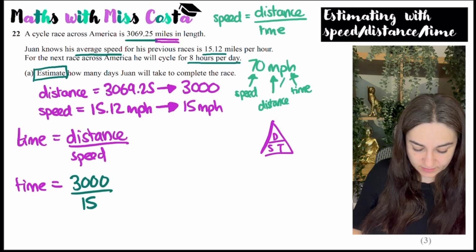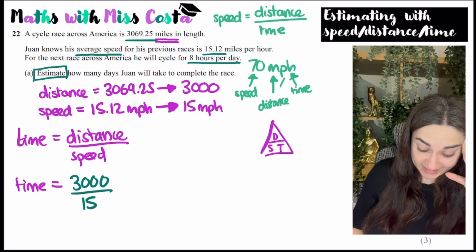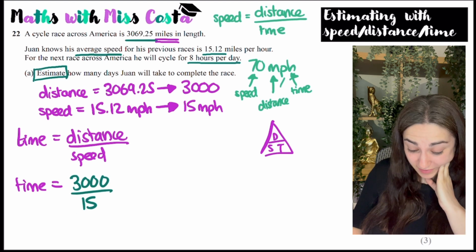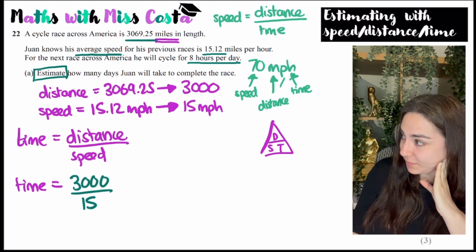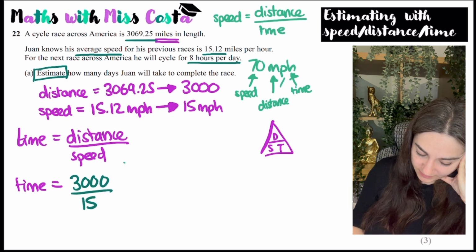And this is going to be a little bit tricky because it's non-calculator. The first thing you could do is divide by 5. So we could simplify it by dividing by 5. Ooh.